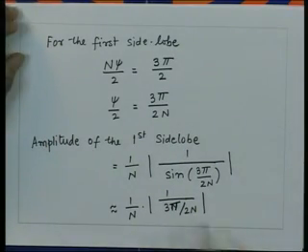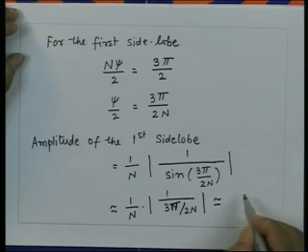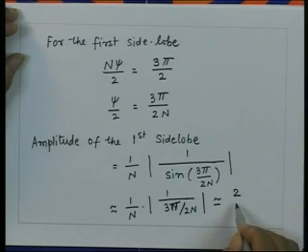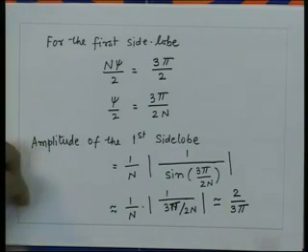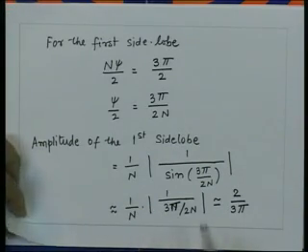The n would cancel and this approximately will give me 2 upon 3 pi. So, the amplitude of the first side lobe is 2 upon 3 pi.